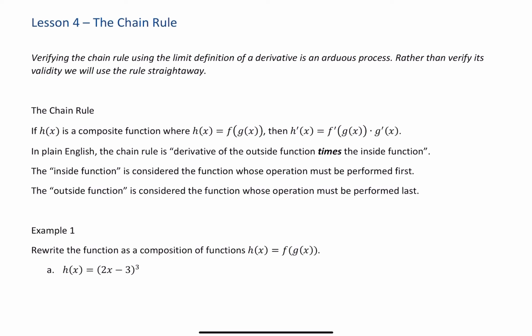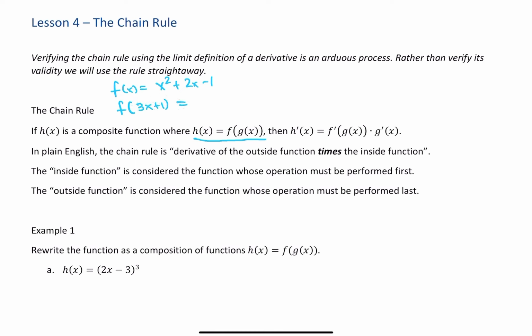From pre-cal and algebra 2, we should know that composite functions have this form, like h of x is f of g of x, where we have a function substituted inside of another function. An example could be if we have f of x equals x squared plus 2x minus 1, and I ask you what is f of 3x plus 1.